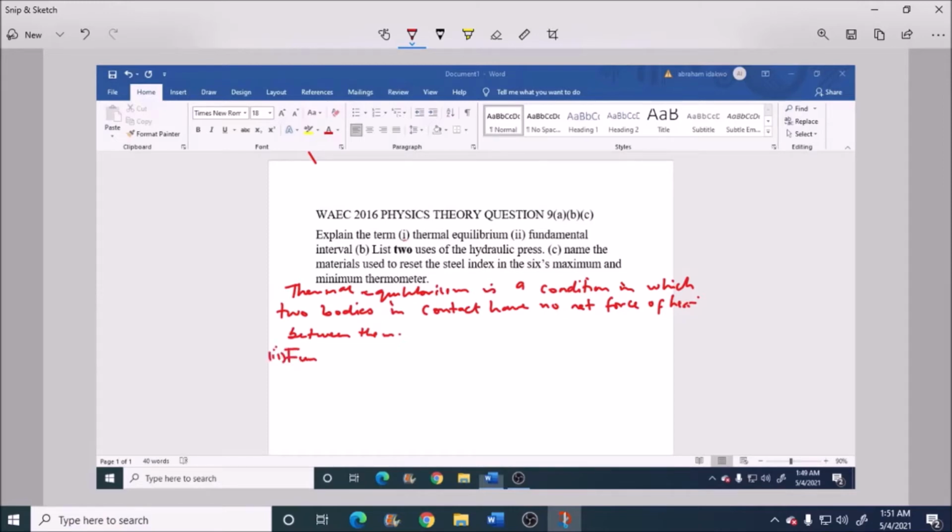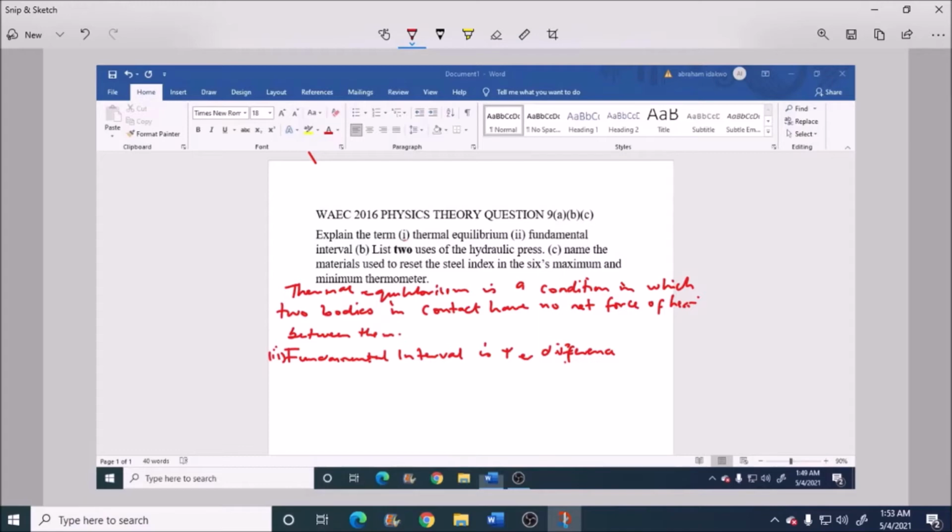Fundamental interval is the difference between the upper fixed point and the lower fixed point.